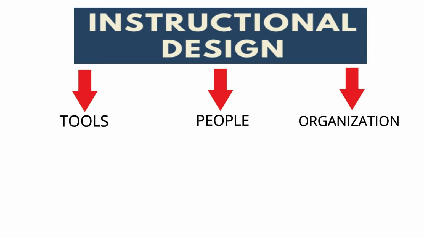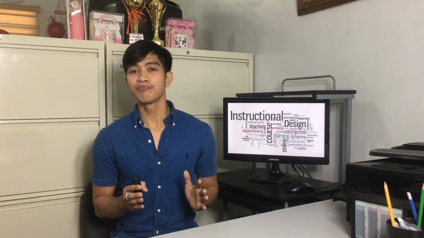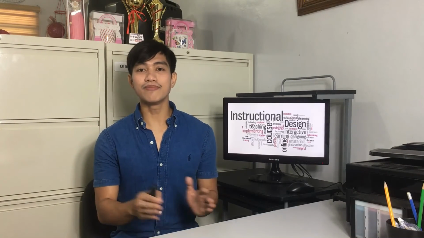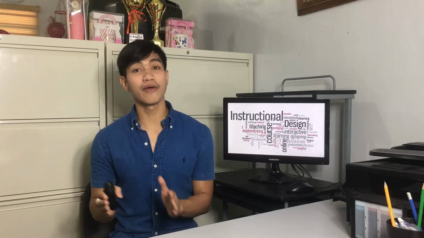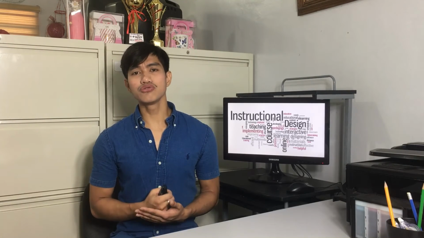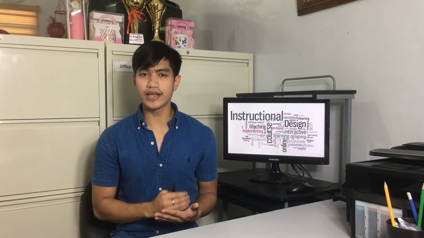Instructional designers work with different kinds of tools. First is the instructional design process. There are known processes that an instructional designer goes through when creating instruction. This can include the ADDIE model or the systematic design of instruction. Instructional designers use these processes to ensure that their instruction is created effectively and efficiently.